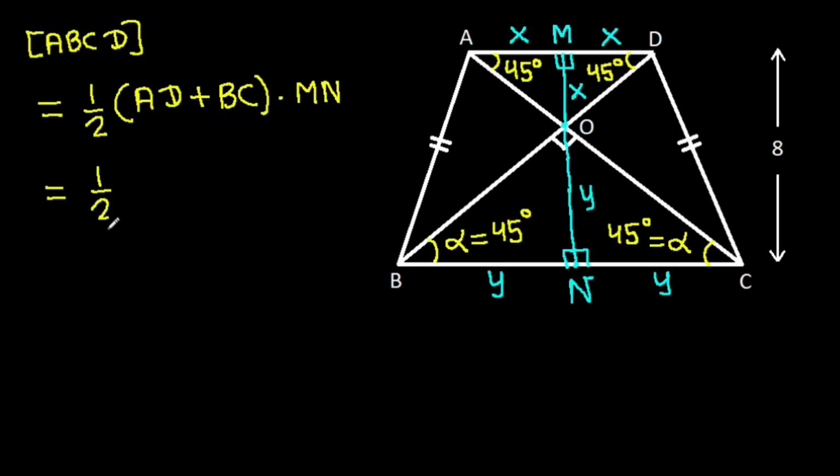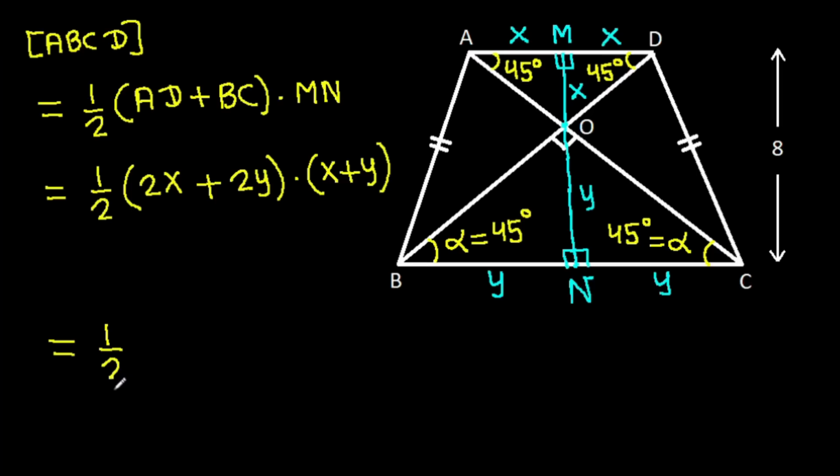And it is 1/2 times AD is X plus X, that will be 2X, plus BC is Y plus Y, that will be 2Y, times MN is X plus Y. Here we can take 2 common, and it is X plus Y times X plus Y, and 2 will get cancelled.